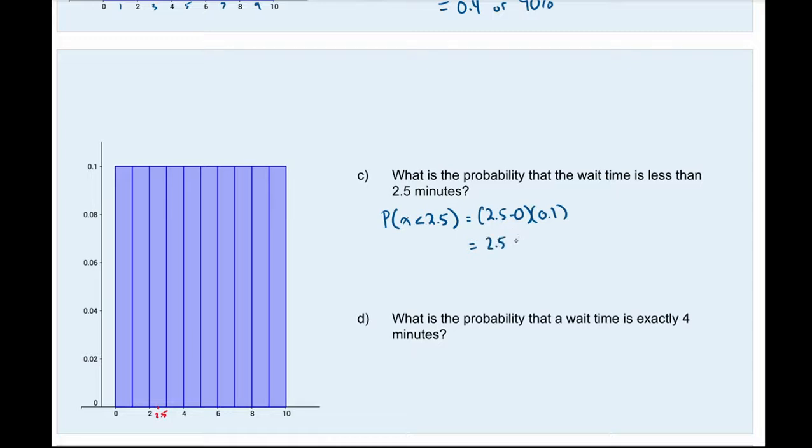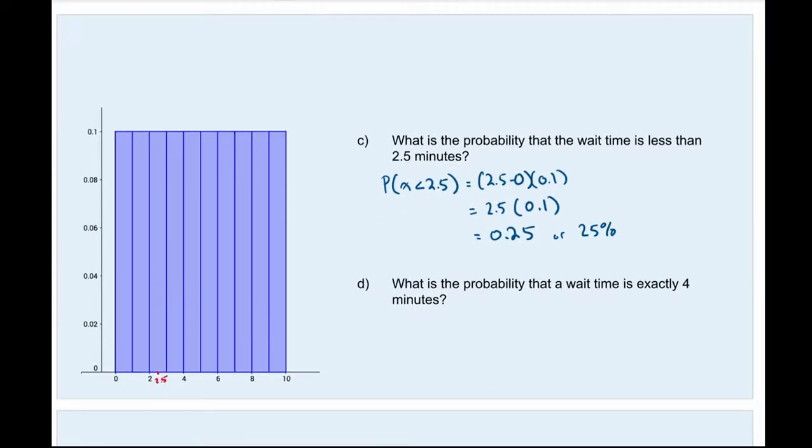We get 2.5 times 0.1, which is equal to 0.25, or 25%. So there's a 25% chance that the wait time is less than 2.5 minutes.